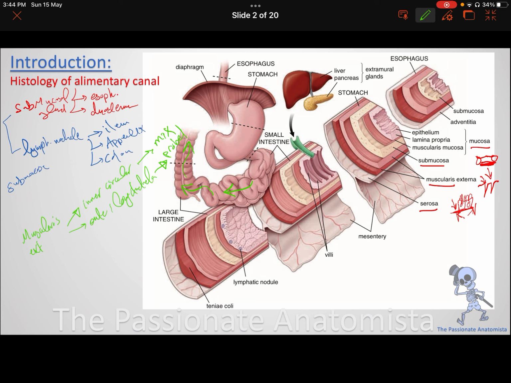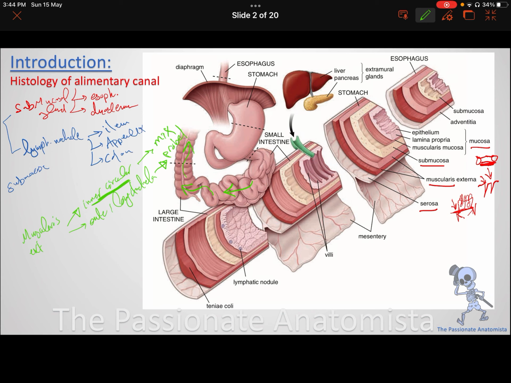An example for that is the inner circular, the same layer that gets modified and forms a sphincter. So the pyloric sphincter is actually coming from this layer, modified in a fashion that causes the pyloric sphincter that will make sure to guide the food as it comes out from the stomach to the duodenum.